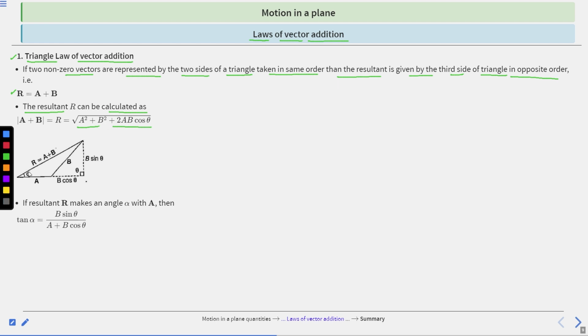In this diagram, here is theta, and these are the two vectors A and B. If resultant R makes an angle alpha with A, then tan alpha is equal to B sin theta divided by A plus B cos theta. So this is the law of vector addition.